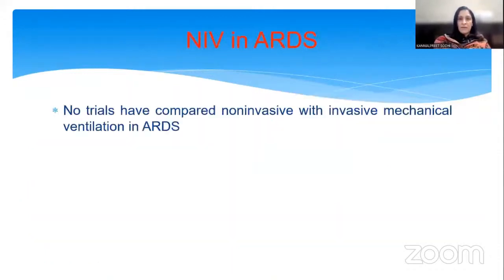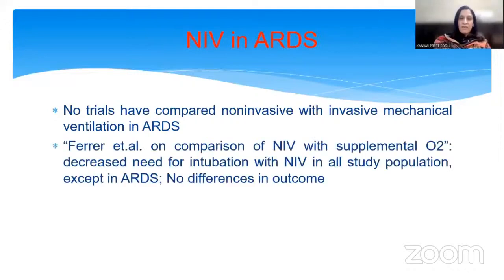If we talk about NIV in ARDS, no trials have actually directly compared non-invasive with invasive mechanical ventilation. Ferrer, on comparison of NIV with supplemental oxygen, found decreased need for intubation with NIV in all study populations except for ARDS, and no differences in outcomes were seen.